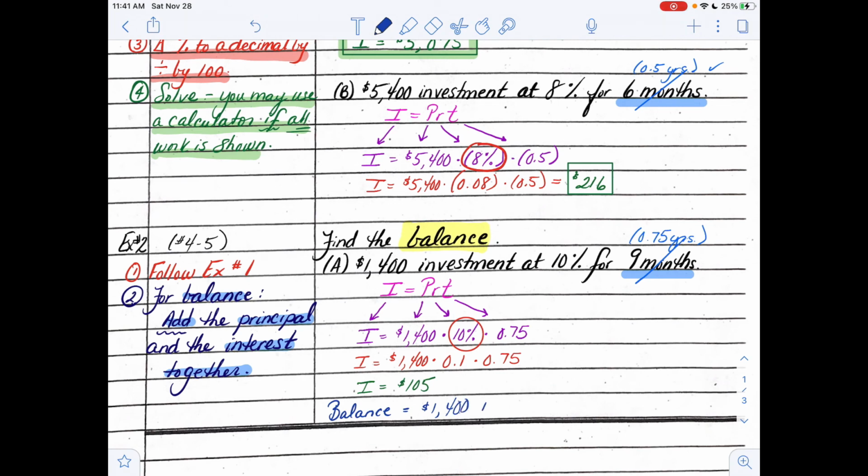How much did they have to pay you for using it for 9 months? $105, which means if you looked at that bank account at the end, you shall have $1,505. That's the amount of money that you now have. Your $1,400 turned to $1,505 in only 9 months. So that's what the balance means.